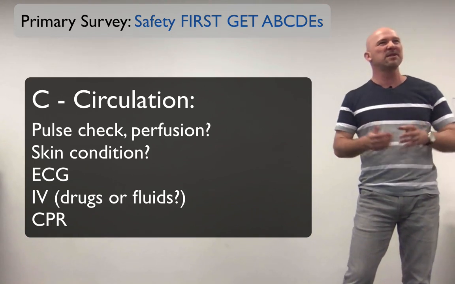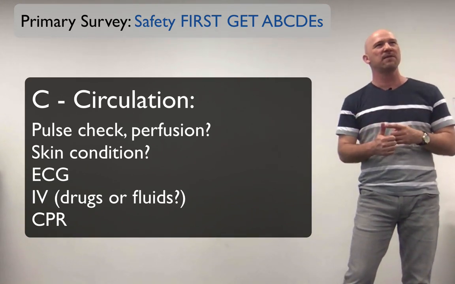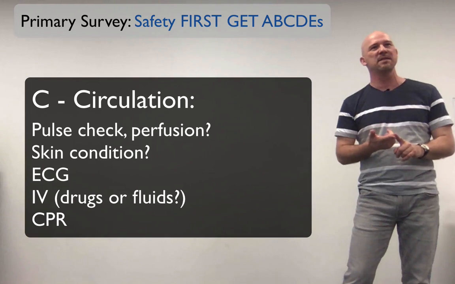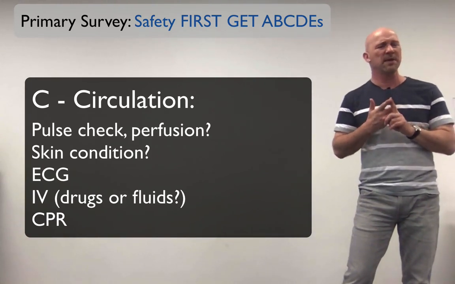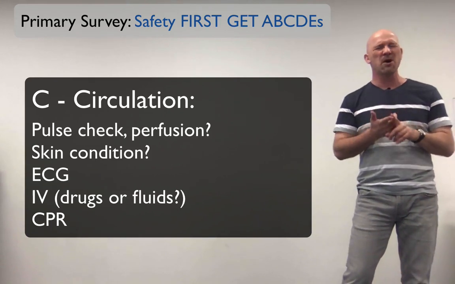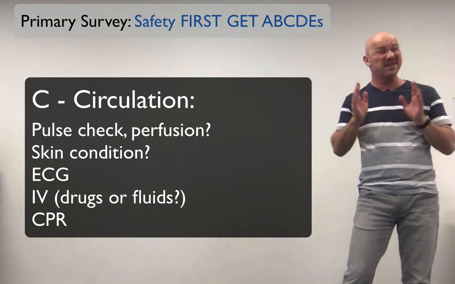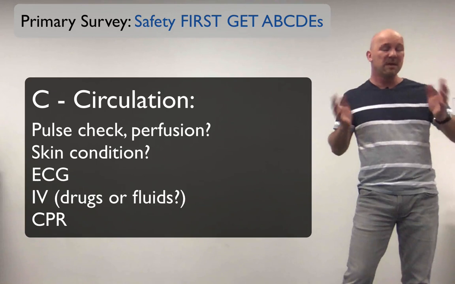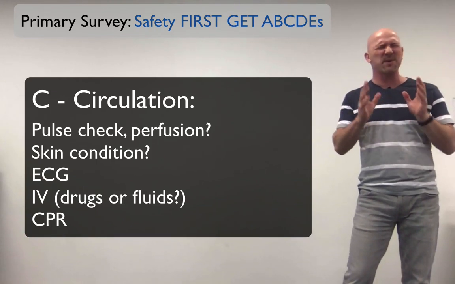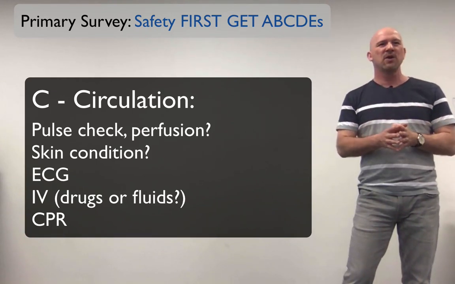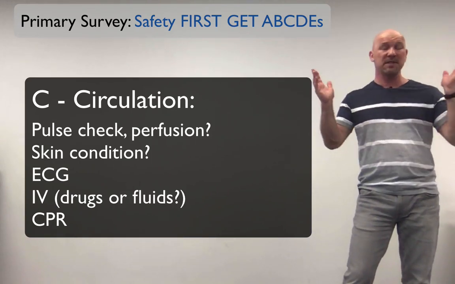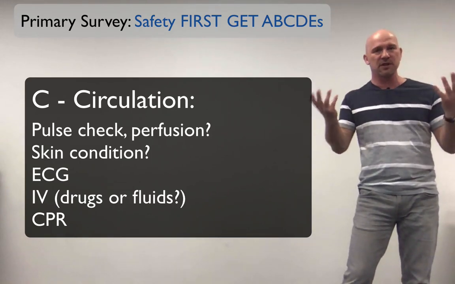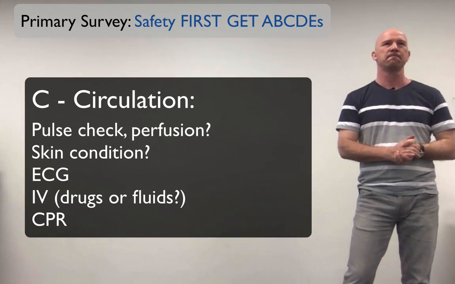I'm not really thinking that there's any drugs in particular that I need for the IV route, and there's nothing that says to me hypovolemic hypotension, so I'm not going to be giving her a fluid bolus. So I'm probably not going to start an IV at this point, but there's a good chance this patient might get one, depending on what the problem is, but not now in my primary survey. So slap on an ECG if I can. Do I need to do CPR? Obviously not, because she's alive and she's talking to me, so I'm not going to worry about that.